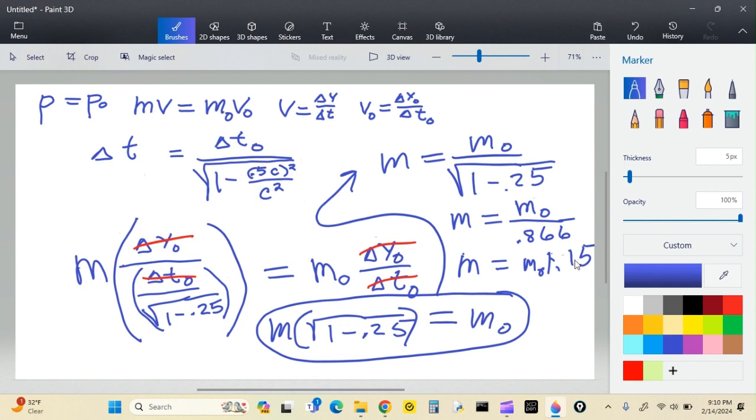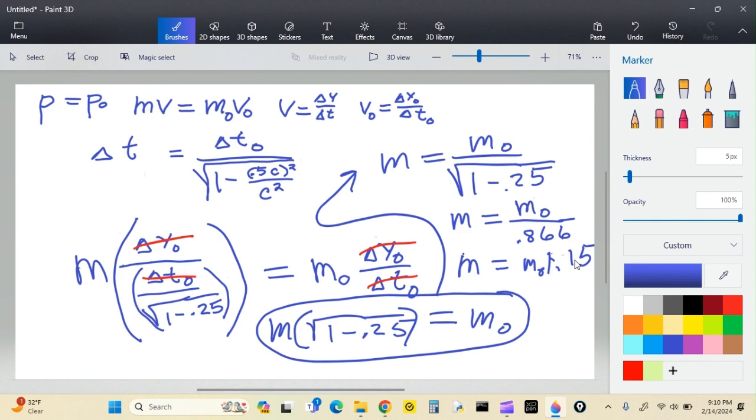So the mass is a little bit higher. That's at 0.5 times the speed of light, 1.15 greater than the rest mass.